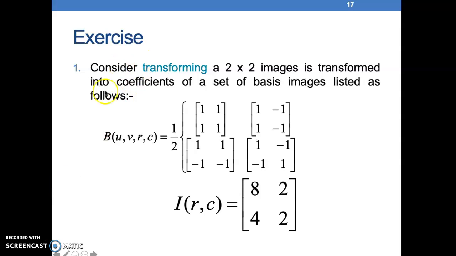Let's look at the exercise. Consider transforming a 2 times 2 image, which is transformed into coefficients of a set of basis images listed as follows. So this is the basis image, and this is I(r,c), the original image. You want to do the transformation, or projection, of the input image with this basis image.